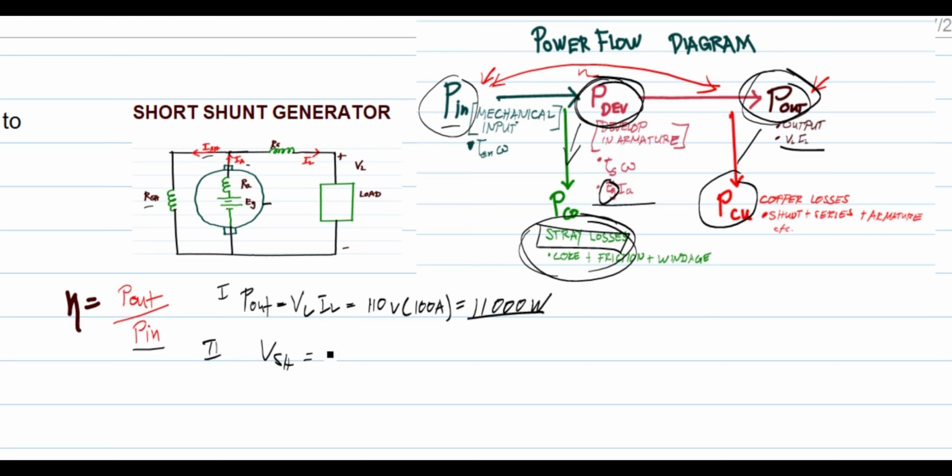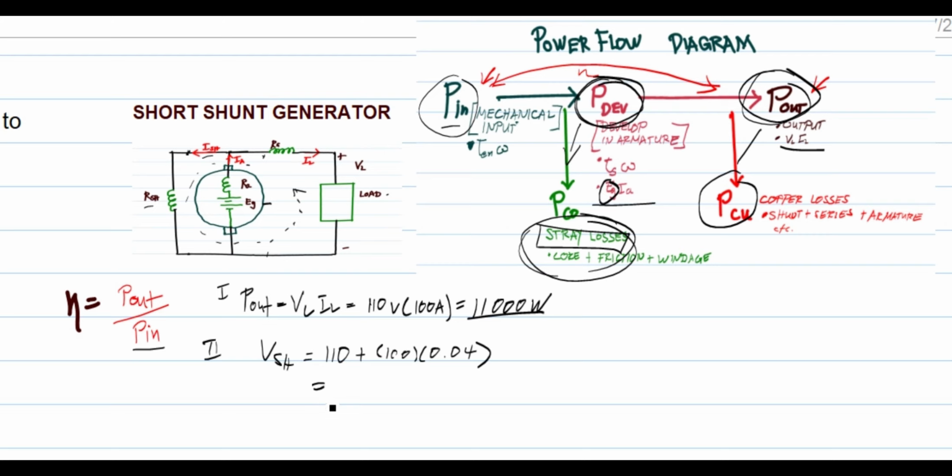VSH is equal to 110 here from this loop outside. VSH equals 110 plus 100 times 0.04. So this is the VSH, the V here.